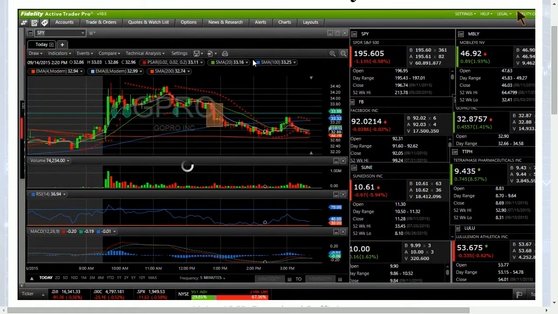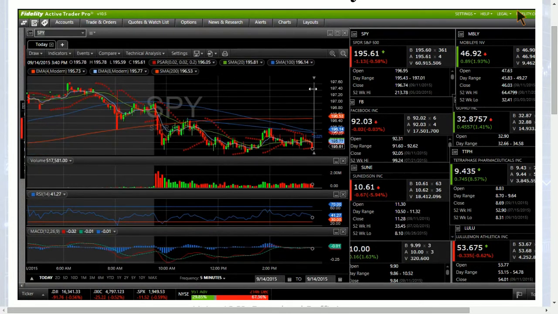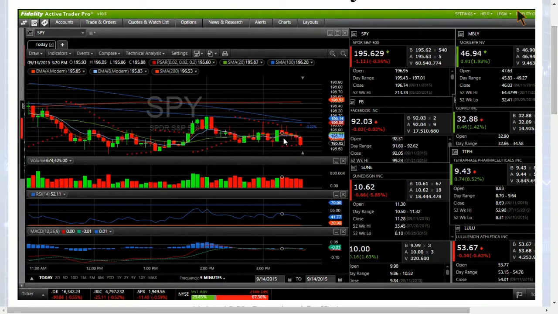SPY looking like it's breaking down a bit. A break of 195.60 will be bearish. It's a lot of bearish volume the past 25 minutes.